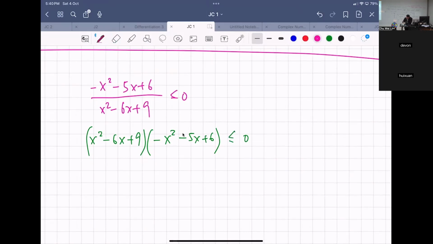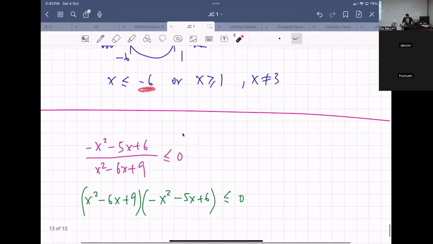Now listen to this. If you press the calculator for this, the calculator will give you the roots, which are minus 6 and 1. Now you cannot draw brackets here. The calculator is going to divide by minus signs.